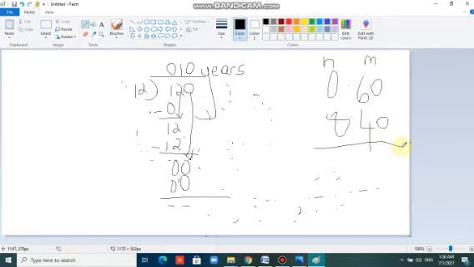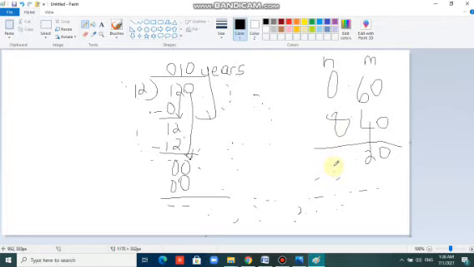All right, so let us go. What are we going to do now: add, minus, multiply, or divide? We're going to minus. Beautiful. Zero, and 4 from 6 leaves 20.